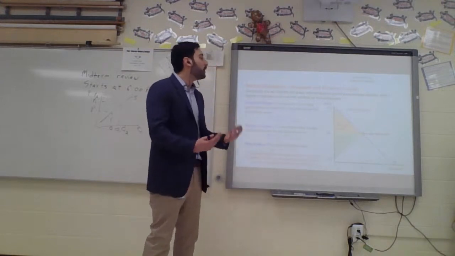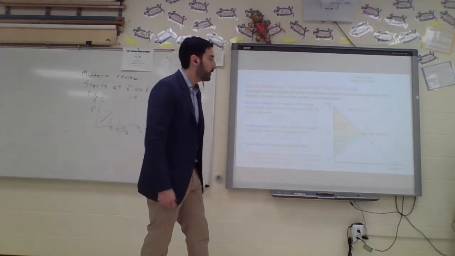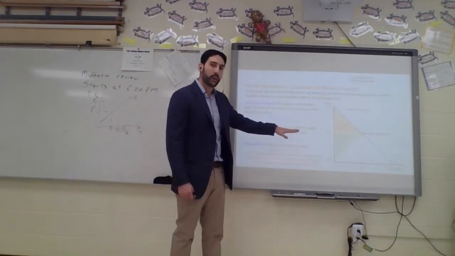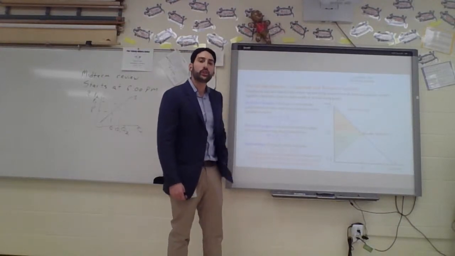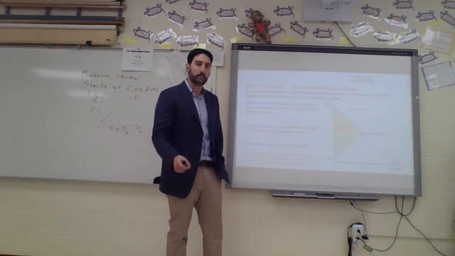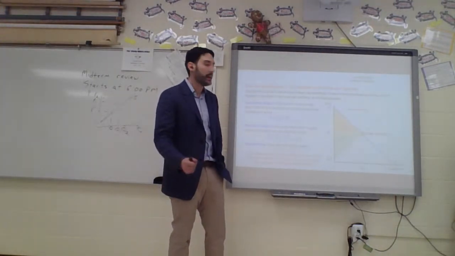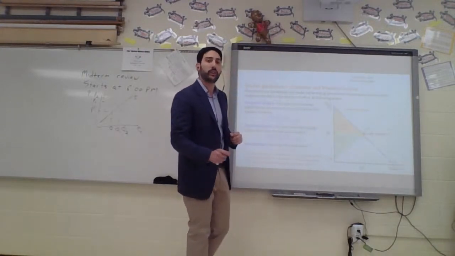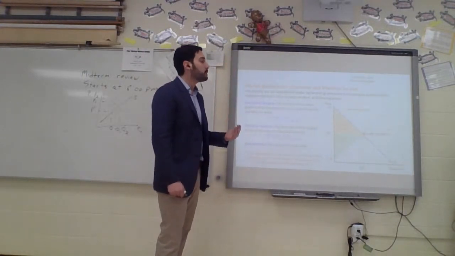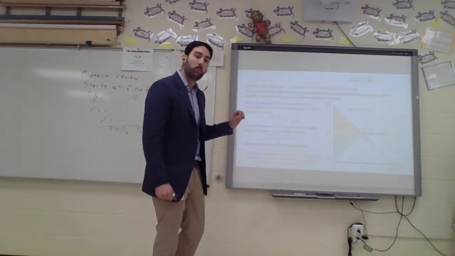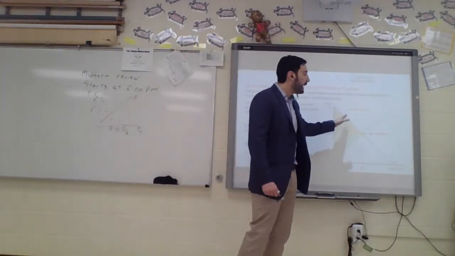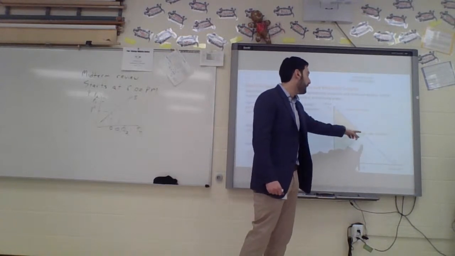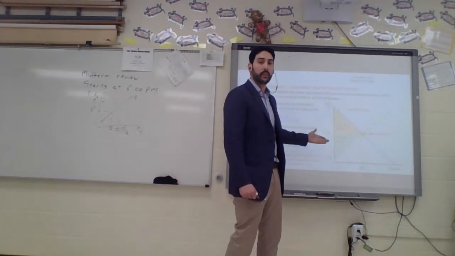Right? Now, where do we put consumer and producer surplus? Well, on the next slide, you can see that the demand curve represents what consumers are willing and able to pay for a good, right? And this is the equilibrium price. The definition of consumer surplus is the difference between what we're willing and able to pay and what we pay. So what we're willing and able to pay is the demand curve, and what we actually pay is the equilibrium price, right?